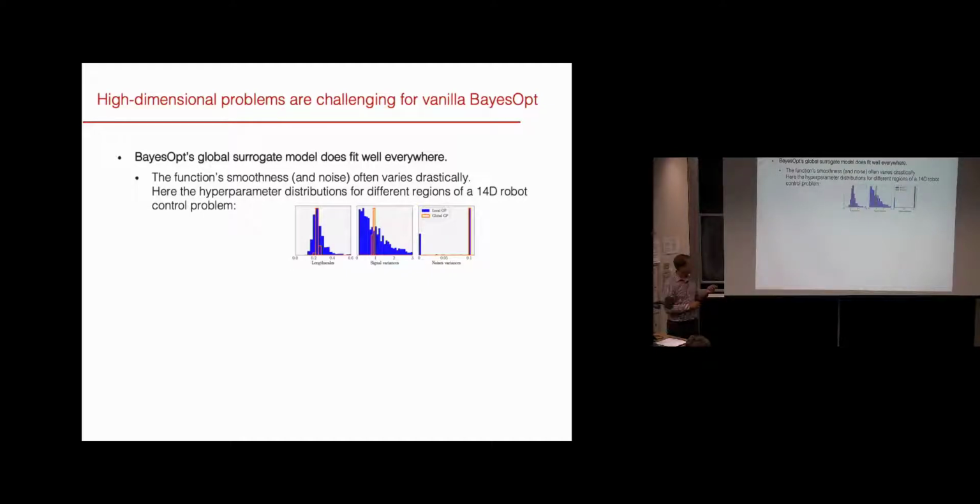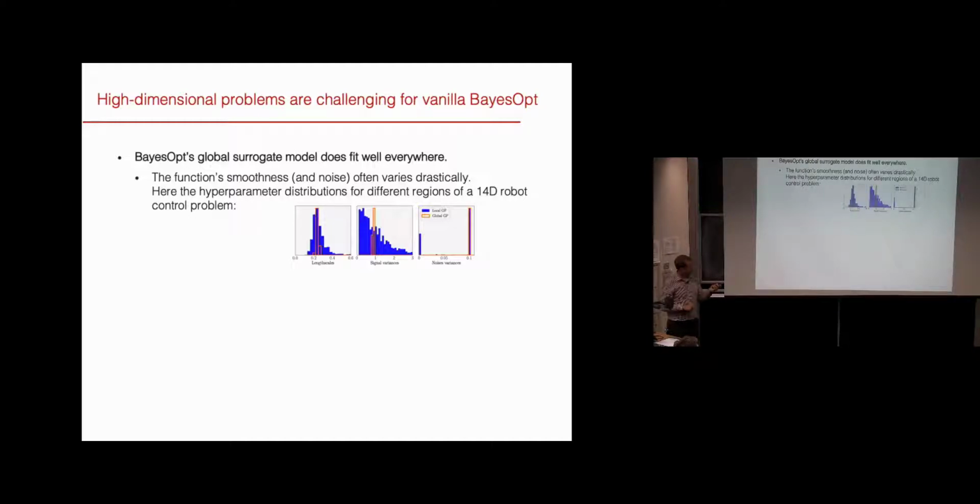We empirically validated this hypothesis for a robot control problem, where we took a large number of local models, and when you fit the local models, you get a distribution over how wiggly the function is in this area, how much the function varies in the area, and how big the noise is.